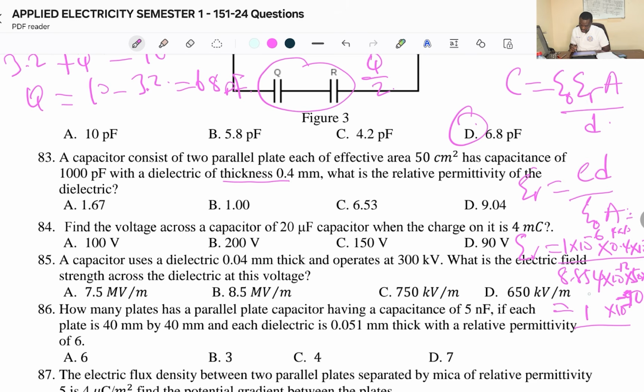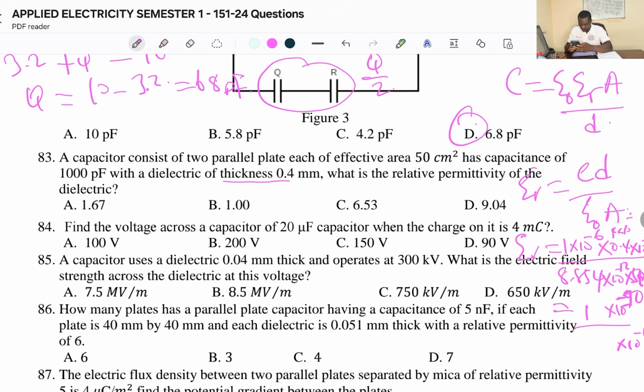Now the bottom we have 10 raised to the power minus 12 plus minus 4. But there's already 50 here, so this will cancel, and here will be minus 3. So that will be minus 15, right? Minus 15 here, 5 times 8.5.